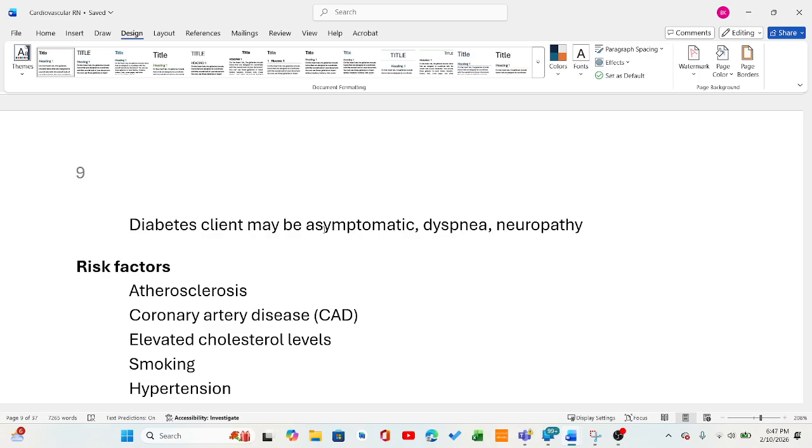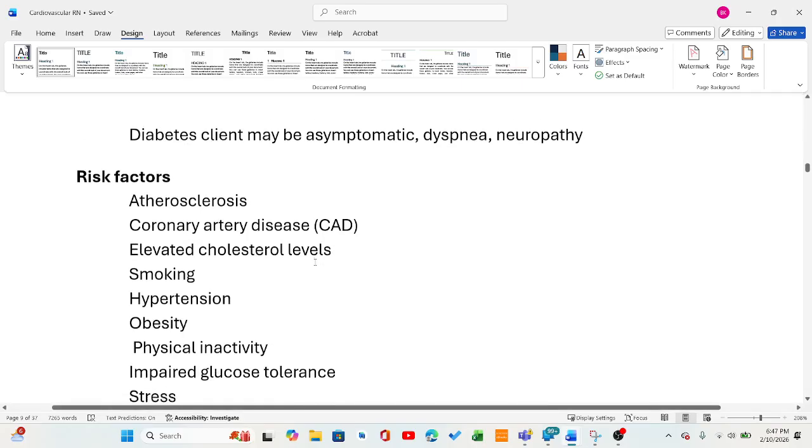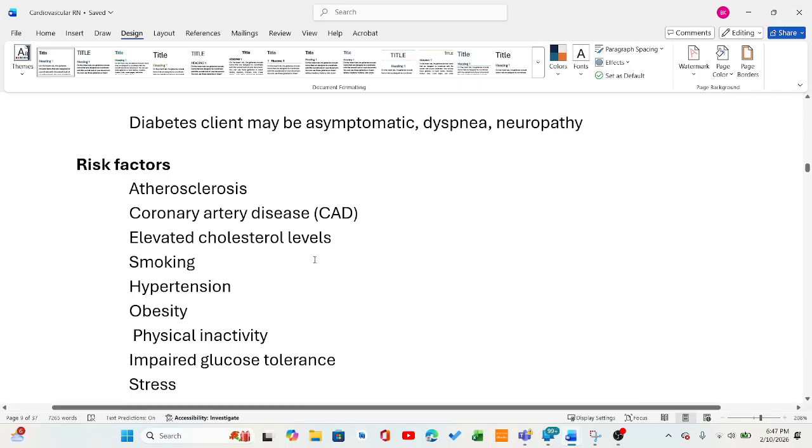So not every client is going to show chest pain for you to know that this person is having an MI. So at least by now you know what MI is. You know that diabetic patients will not be showing the symptoms that we did talk about, the chest pain radiating to the jaw, to the neck, to other parts of the body.